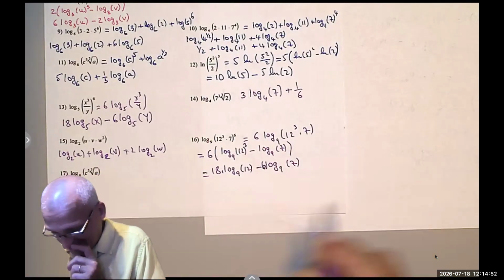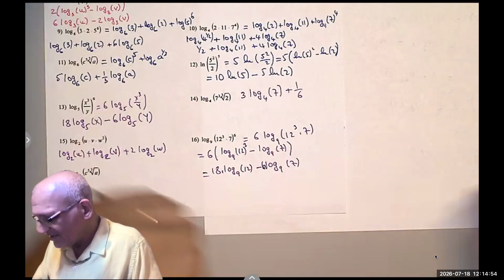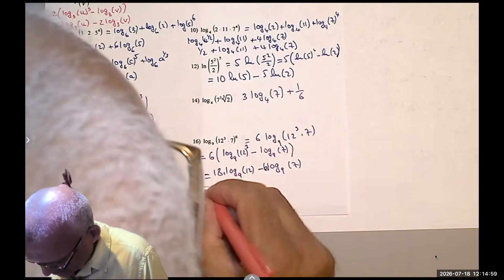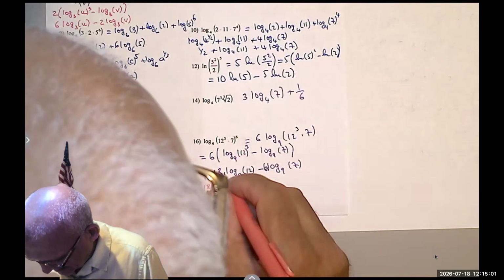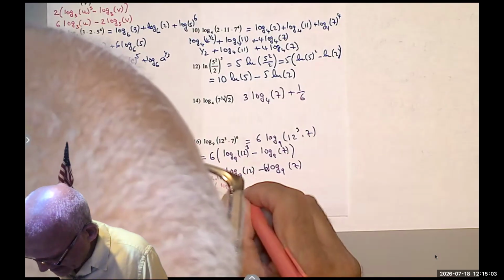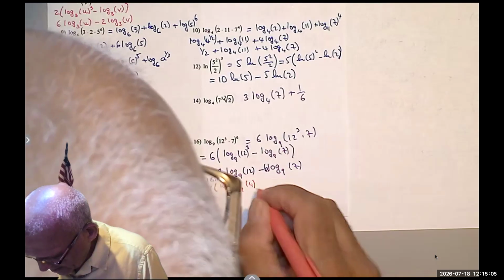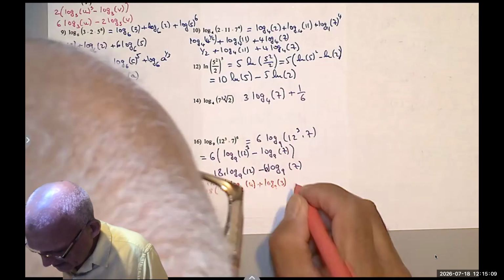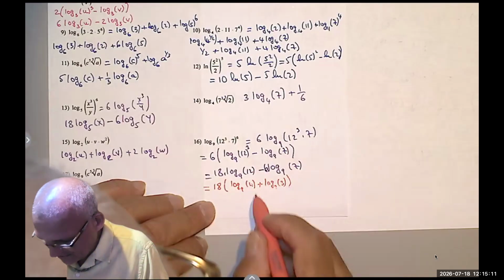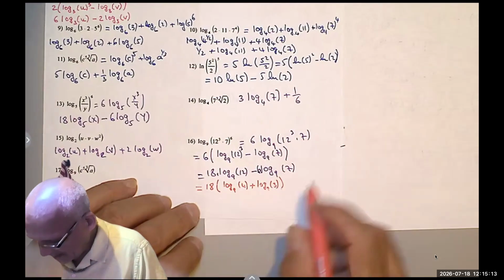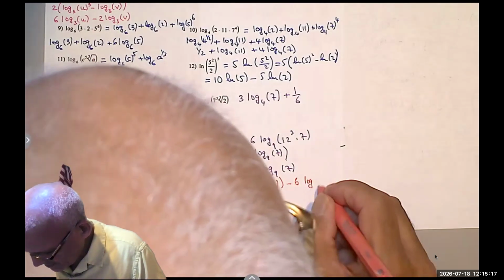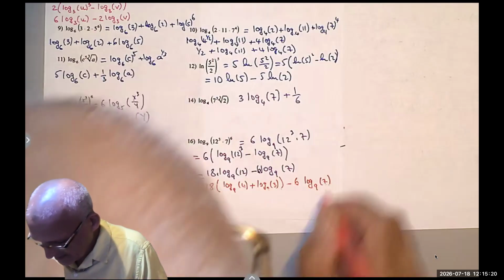I can stop here, and most likely you will get full credit. However, I can see that I can write the first term as 18 times log to the base 9 of 4 plus log to the base 9 of 3, right? Because 12 is 4 times 3. Minus 6 log, maybe I write it a little bit further.